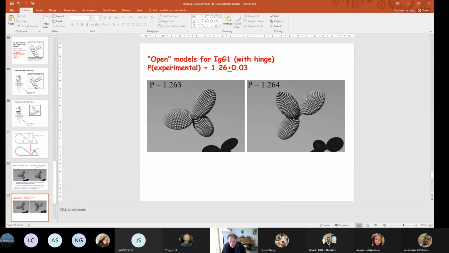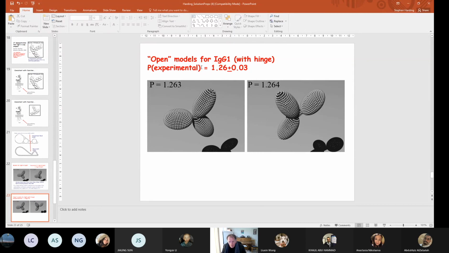And then we can go even further, because with IgG1, which has a measurable hinge region, we can again represent the hinge region by these bead shells.